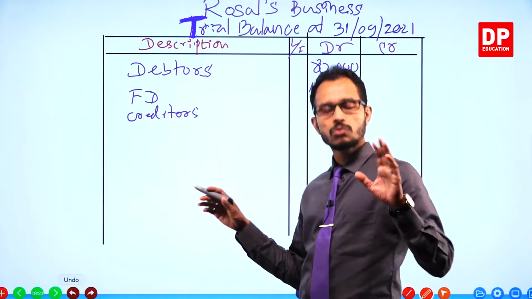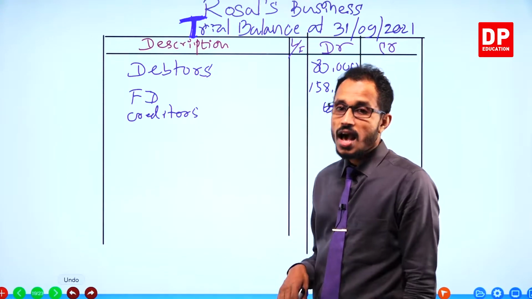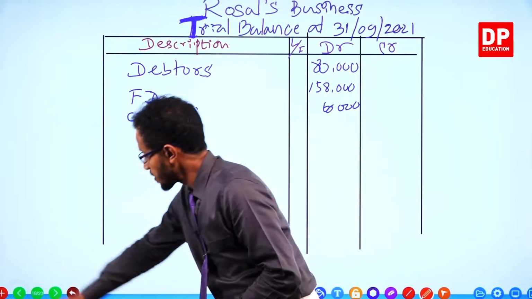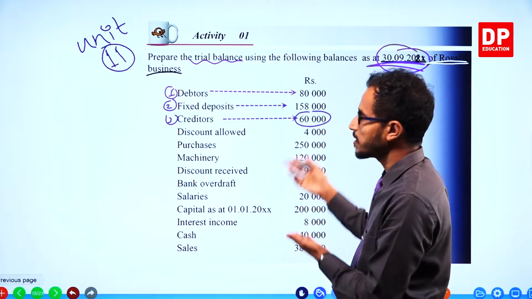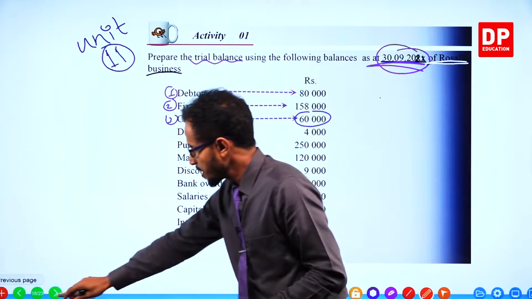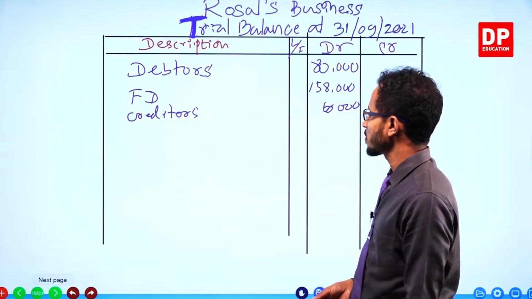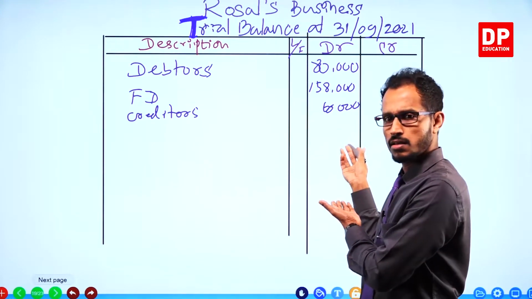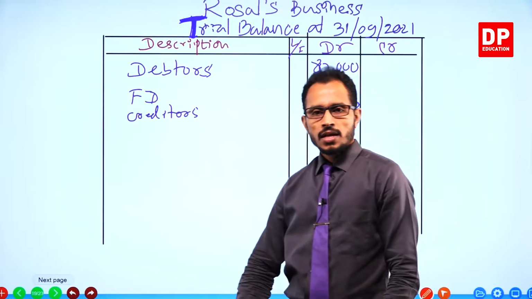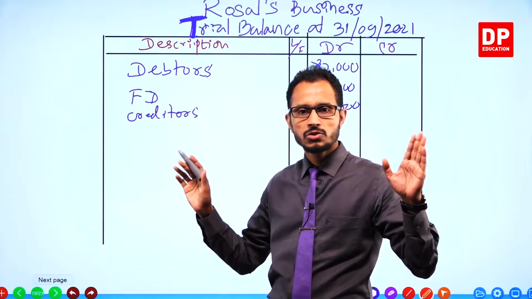Unfortunately, no. That's not how you prepare the trial balance. I'm just taking all the given balances and listing them in the trial balance, all in the debit side. Well, no, that's not how you do it.